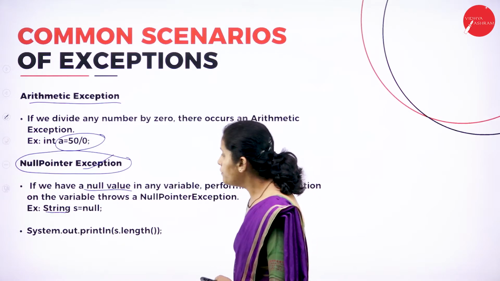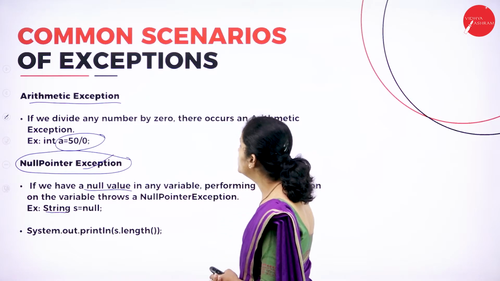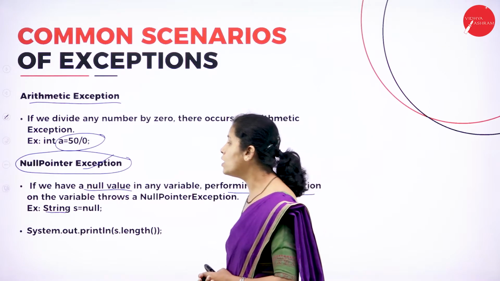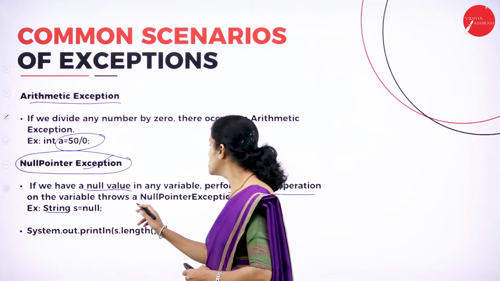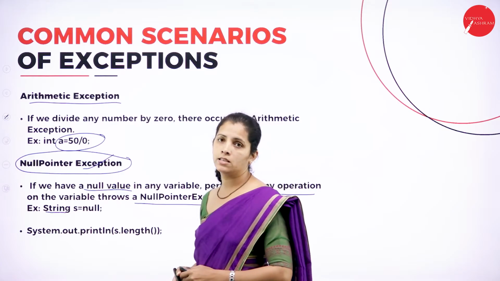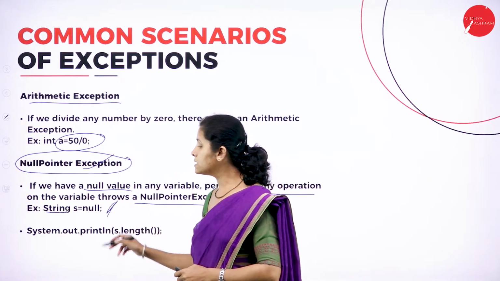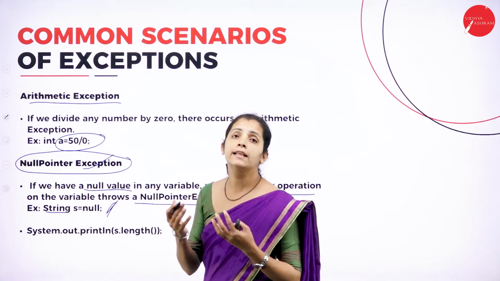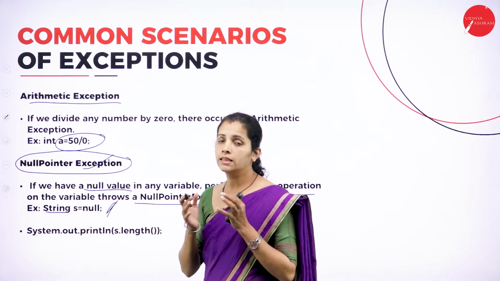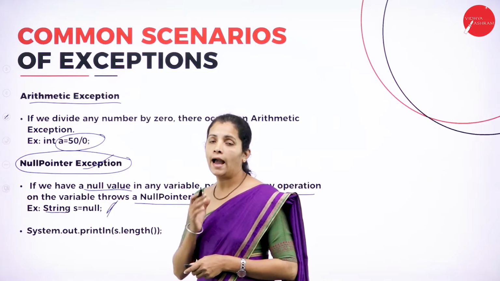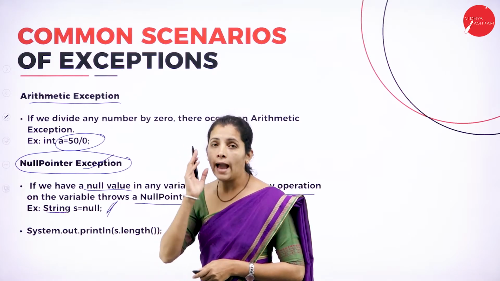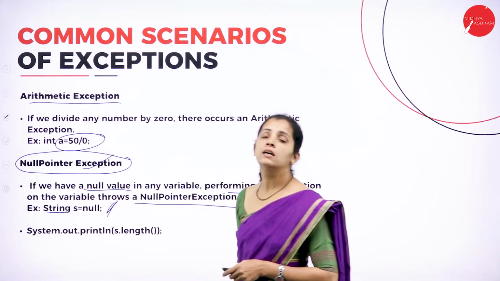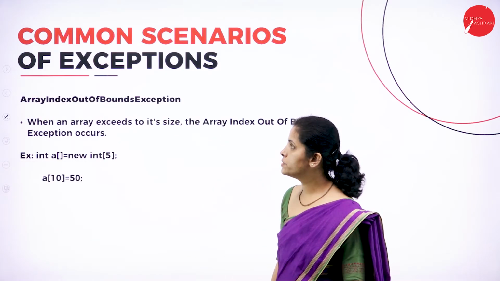So if we have a null value in any variable, performing any operation on the variable throws a null pointer exception. So here I'm going to assign the value null and I'm trying to get the length of the variable. At that time, it generates an exception. And what kind of exception? That is null pointer exception.